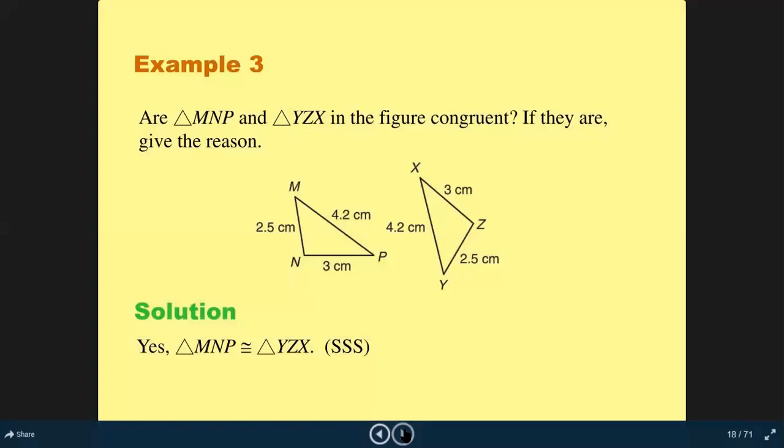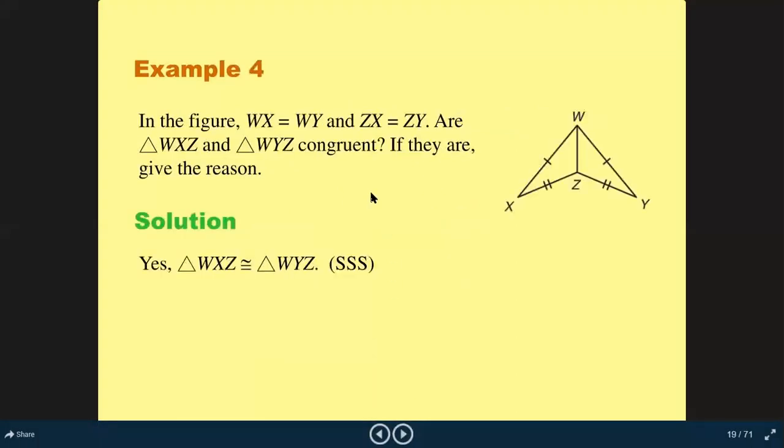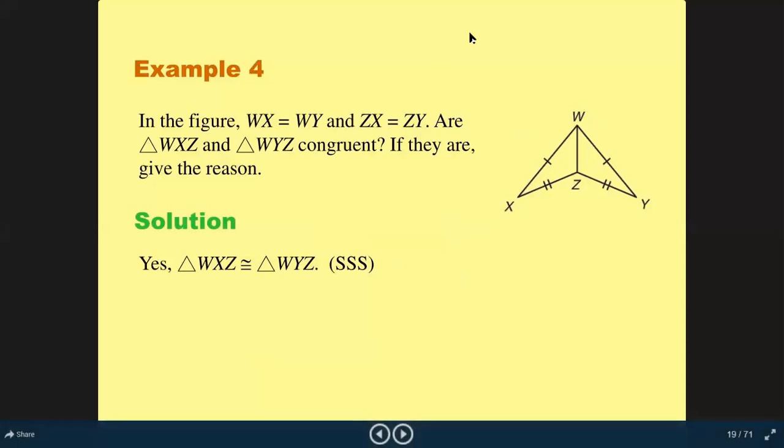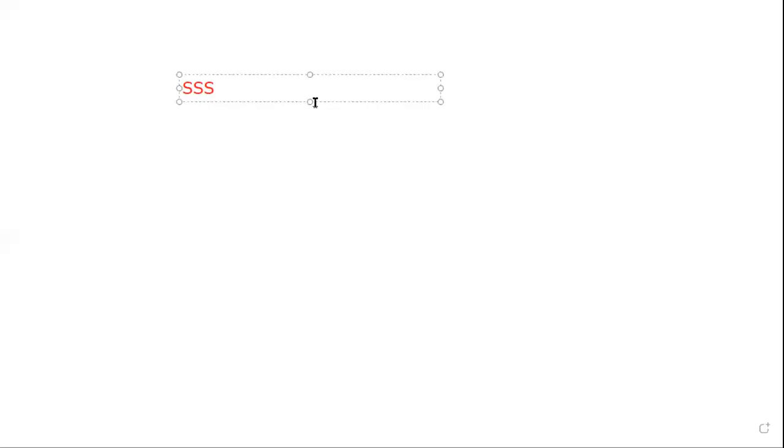What else did we study before? We studied angle, angle, side, and angle, side, angle, and HL. How many cases did we study till now? We studied side, side, side, and angle, angle, side.